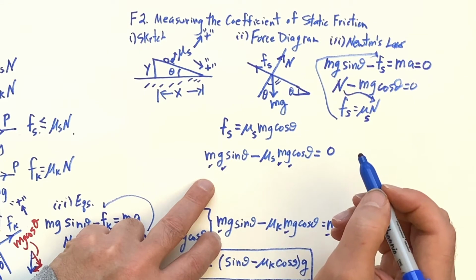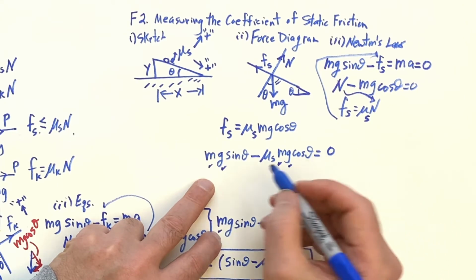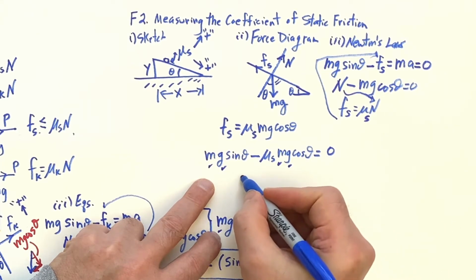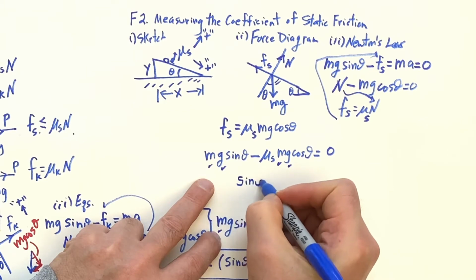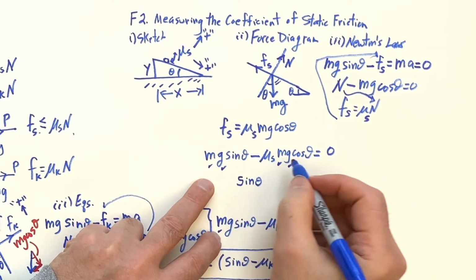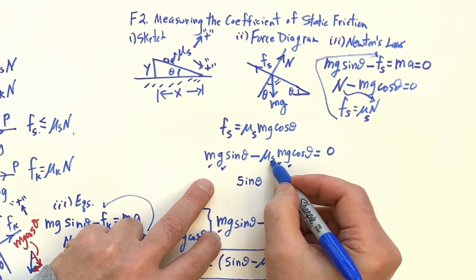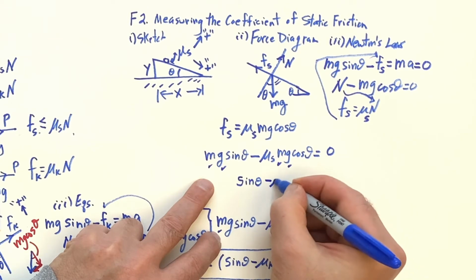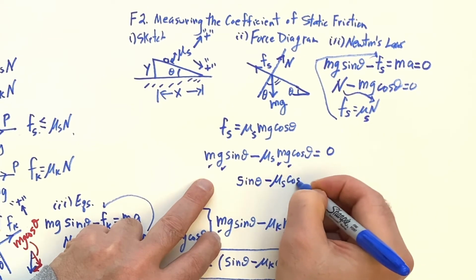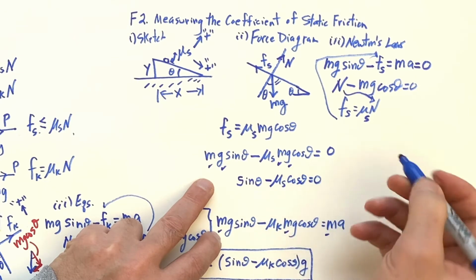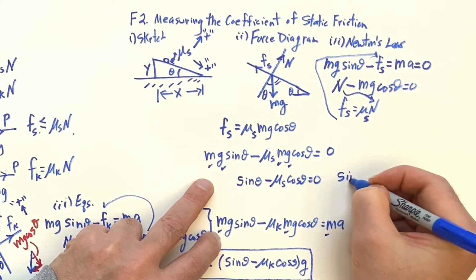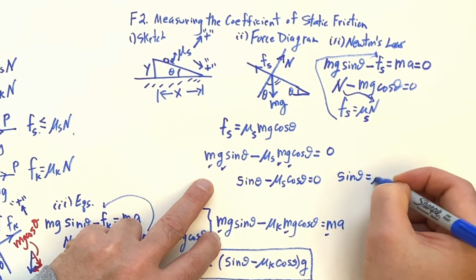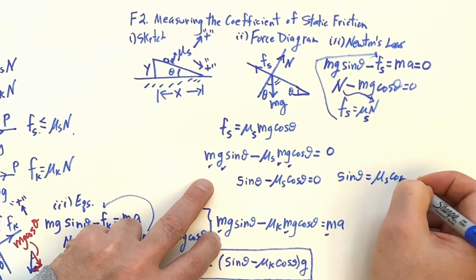So this is going to be true on any planet. And then you're going to have sine of theta minus mu s cosine theta equals 0. And that's going to give you sine of theta equals mu s cosine of theta.